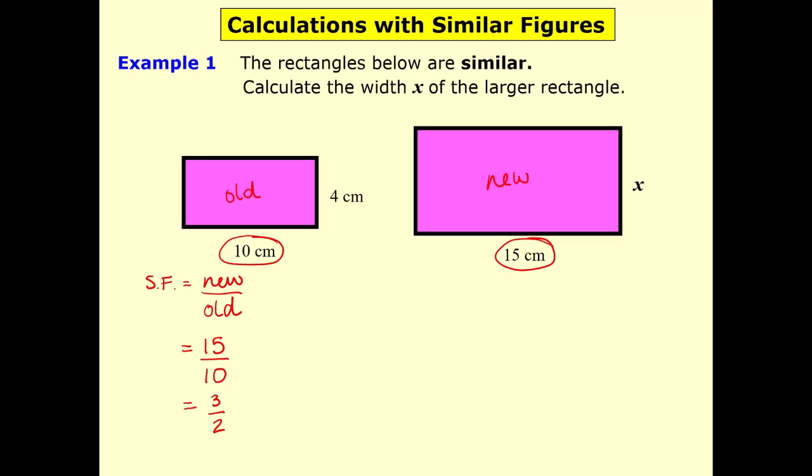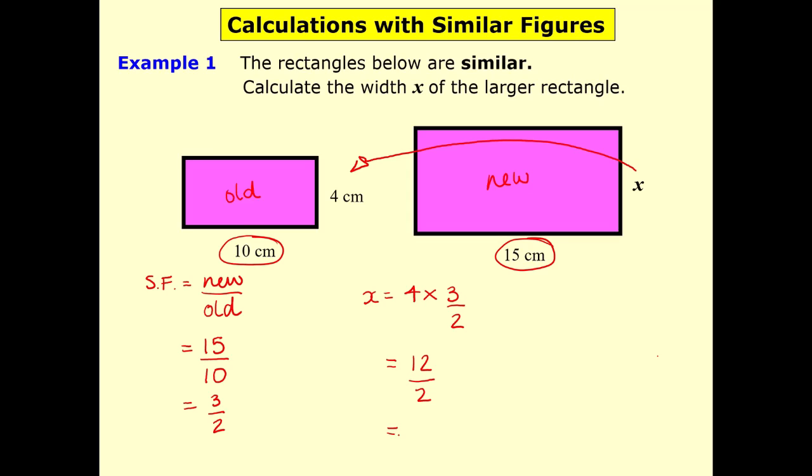We now have enough information to calculate x. We're going to find whatever corresponding side is to x on the smaller rectangle, which is 4 in this case. So x equals 4 multiplied by our scale factor, which is 3 over 2. 4 times 3 is 12 over 2.